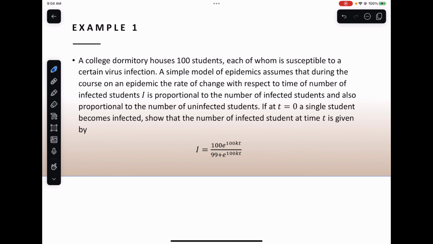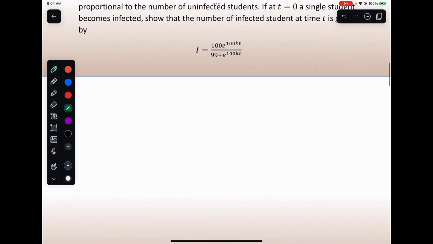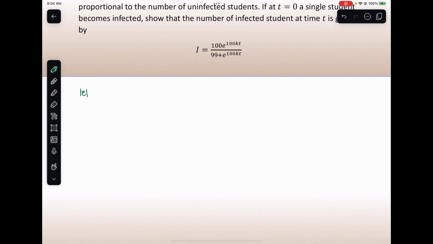To resolve this, we let some values here. Let I correspond to the number of students infected by the virus.